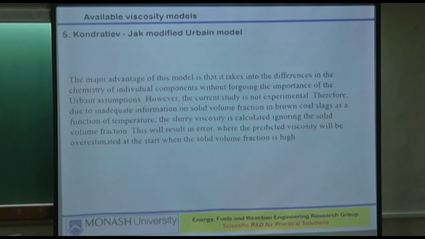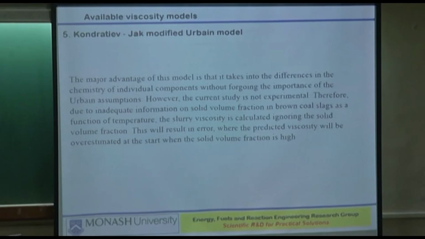It is also a function of temperature. If it is at a high temperature, then the solid fraction will disappear more quickly than if it is at a lower temperature, even though both are above the melting point. Say, for example, your melting point is 1400, and you have the molten slag in one case at 1450, another case at 1550.